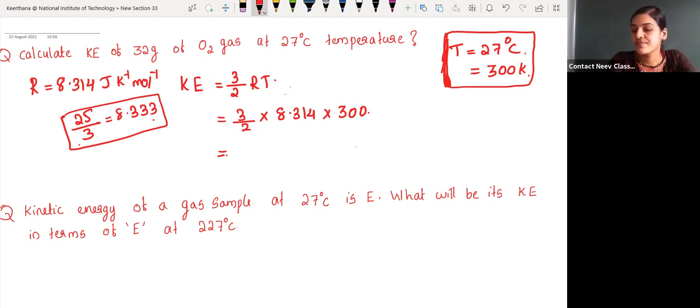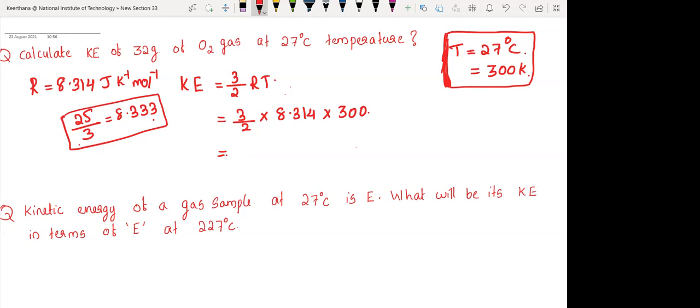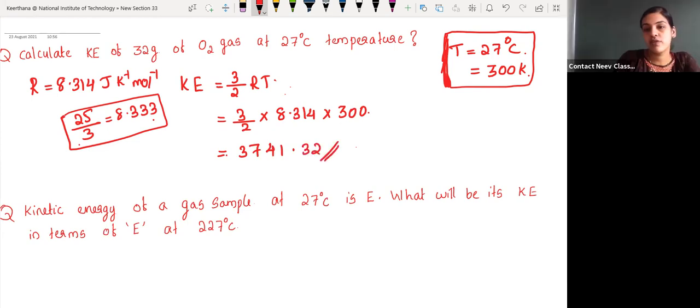So what is the answer? Ma'am, I got 3741.3 joules. Yes, 3741.3 joules. If you are taking 25/3, you will get 3750 joule, and it is just near to this value.